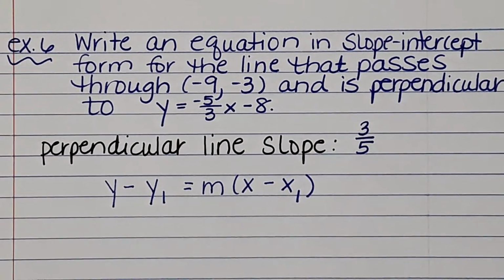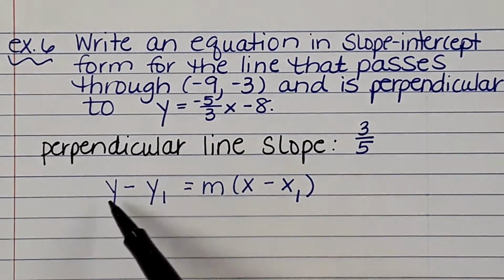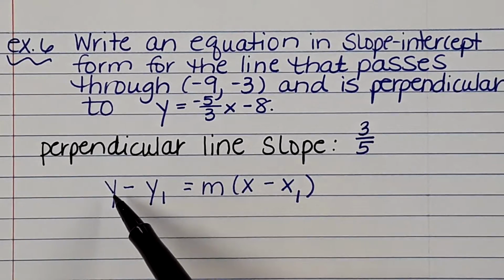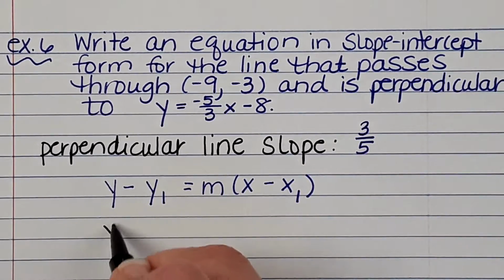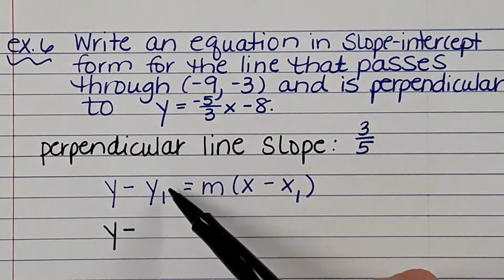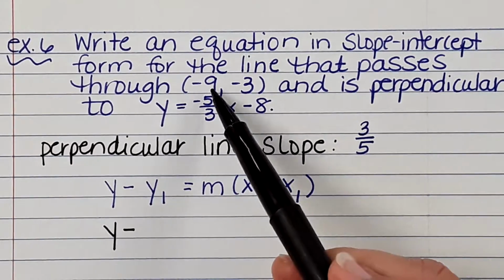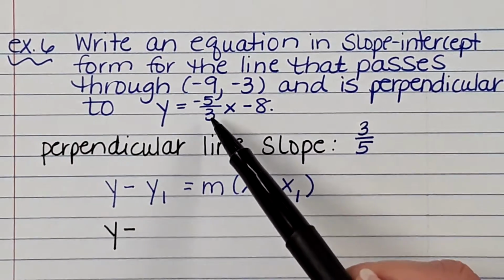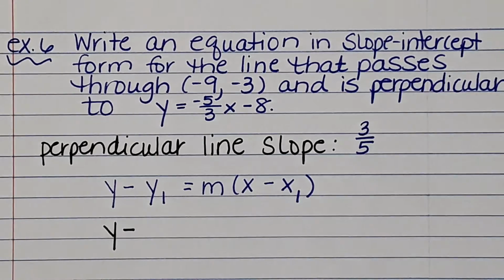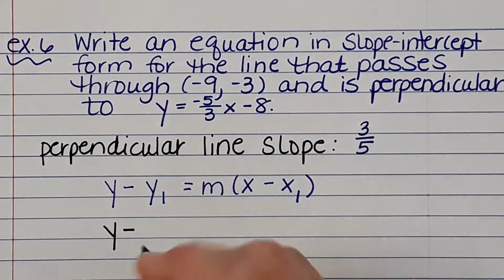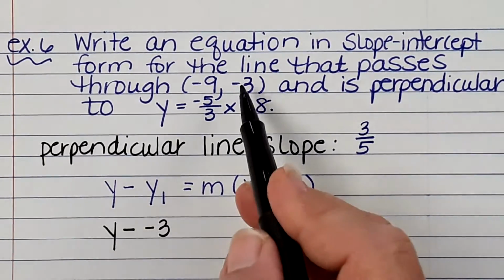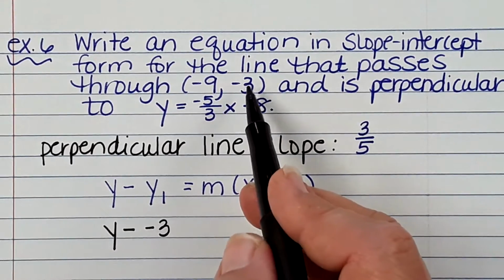Please remember that in point slope form, the plain old y stays. What am I going to replace y1 with? -9, -3, -5/3, or -8? -3. This is my point that it needs to go through.